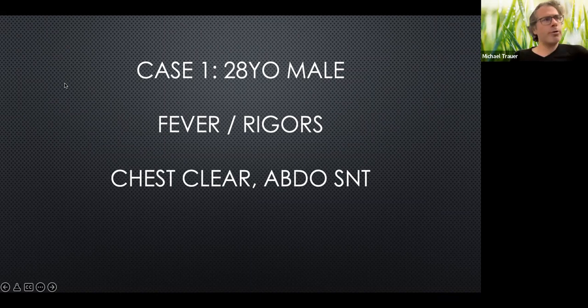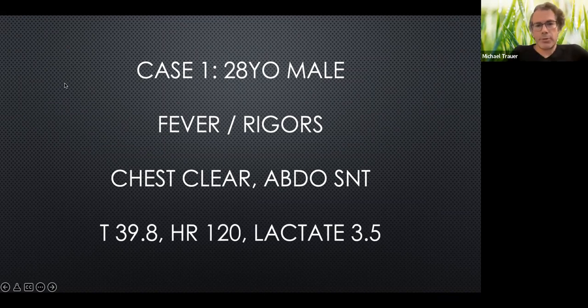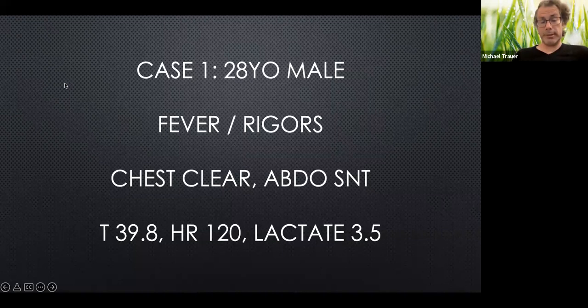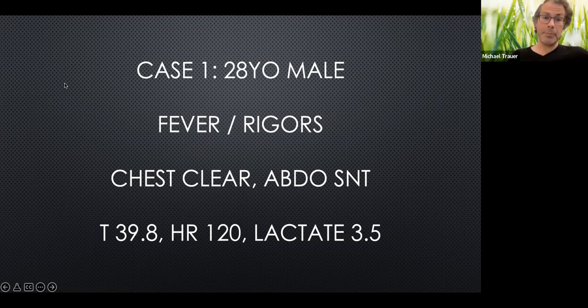There were no real signs of a particular source of infection on exam. His chest was clear, his abdomen was nice and soft, ENT was clear. In terms of his obs, he was pretty febrile and a bit tachycardic with a moderately raised lactate. But there was no particular clue to where this infection was coming from.